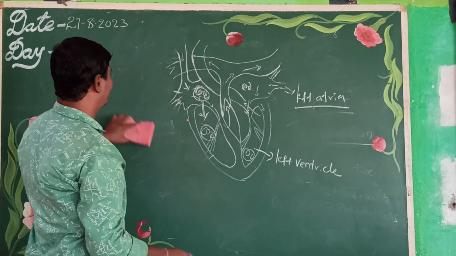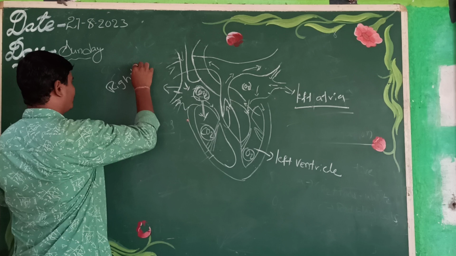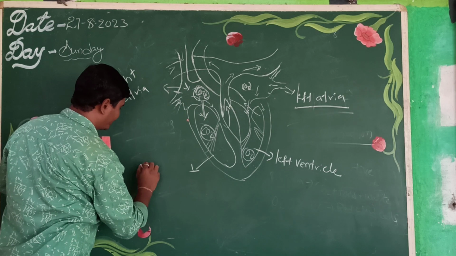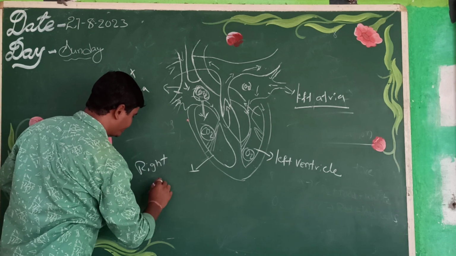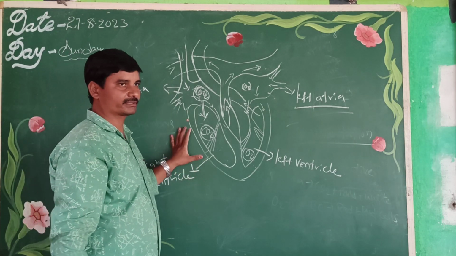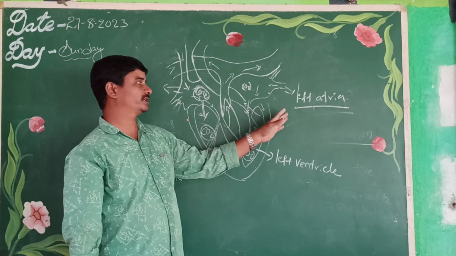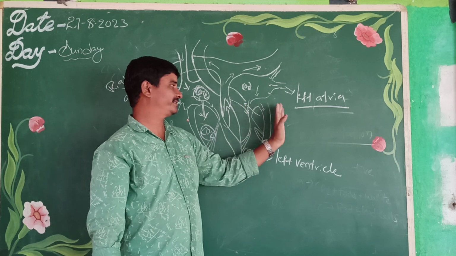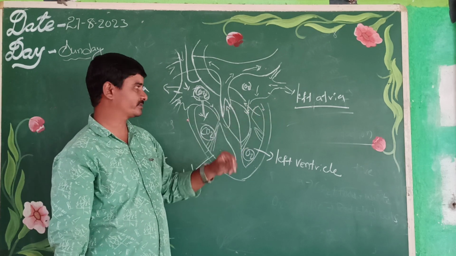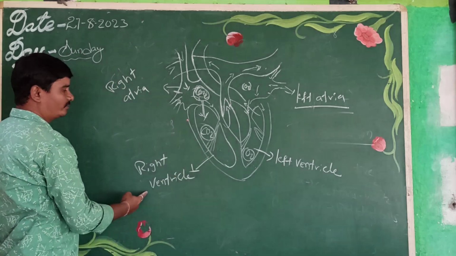Like that, on the right side, the upper chamber is called the right atrium, and the lower chamber the right ventricle. Four chambers. The septum prevents mixing of oxygenated blood and deoxygenated blood. So left side: left atrium, left ventricle; right side: right atrium and right ventricle.